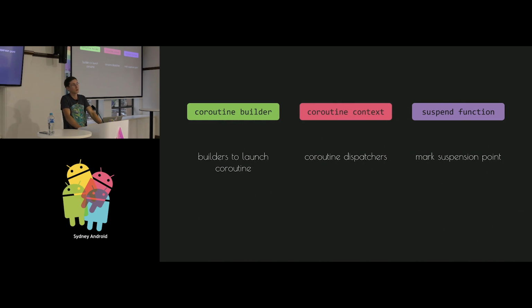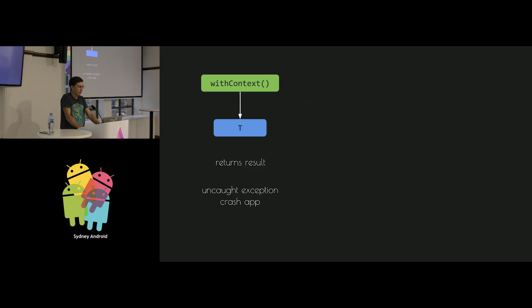That's your marker for suspension points. Whenever you have some long-running operation, you should mark this function as suspend to indicate to the client that this function is doing some long-running stuff, and it may take a while, so it may basically suspend.